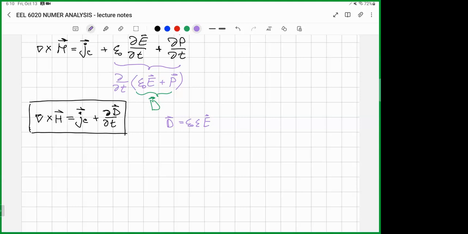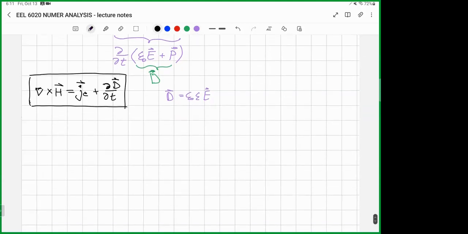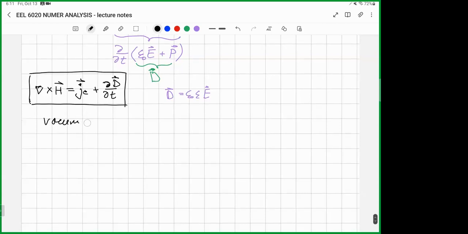And this is actually like a rule. So for example, if you transit from vacuum to dielectrics or from dielectrics to vacuum, so let's write from vacuum to dielectrics.